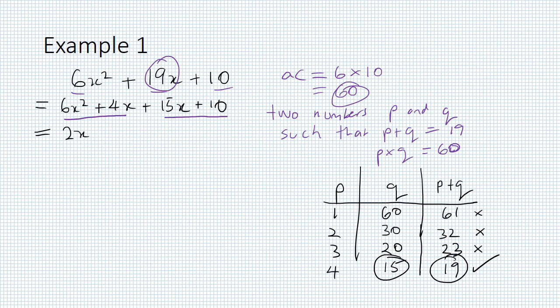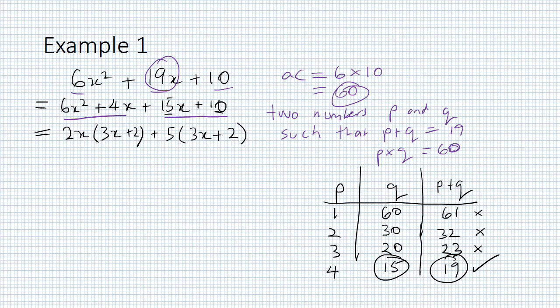So 2x is the highest common factor here, leaving 3x plus 2. For this one, if we look at 15 and 10, the highest common factor is 5. So we'll take 5 out as a factor, leaving 3x plus 2.